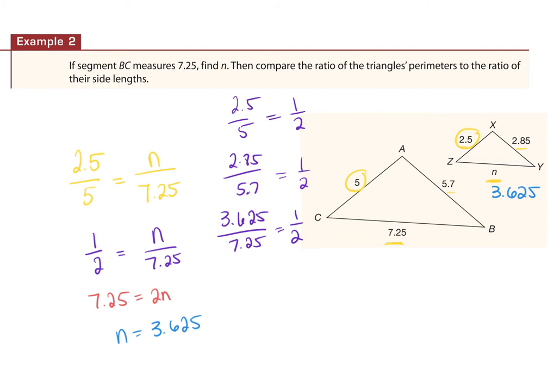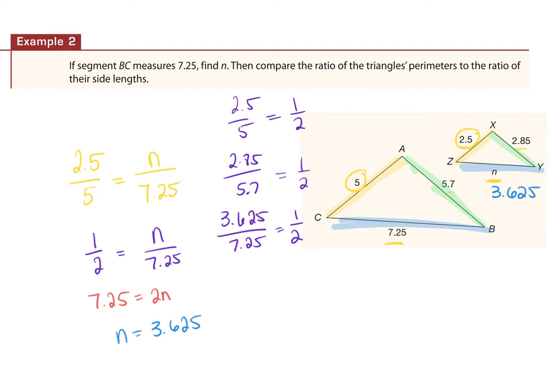So if I put every corresponding side length, by corresponding I mean XZ corresponds to AC, if I put that in fraction form, XY to AB, if I put that in fraction form, and then YZ to BC, if I put that in fraction form and reduce them, they will all reduce to the same fraction. They're equivalent fractions, right?